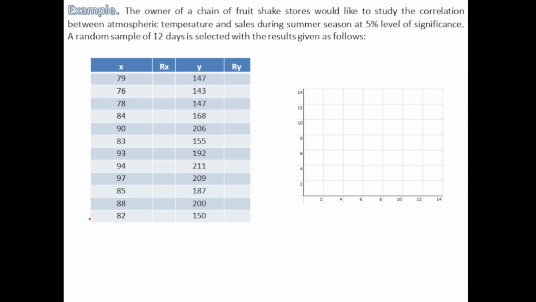So, pinakamataas muna. Okay, according po dito, ang una po ay 97, pangalawa 94, pangatlo 93, pang-apat 90, pang-lima ay 88, ang pang-anim ay 85, pang-pito ay 84, pang-walo ay 83, pang-siyam 82, pang-sampu ay 79, pang-11 itong 78, at ang pang-12 ay 76.